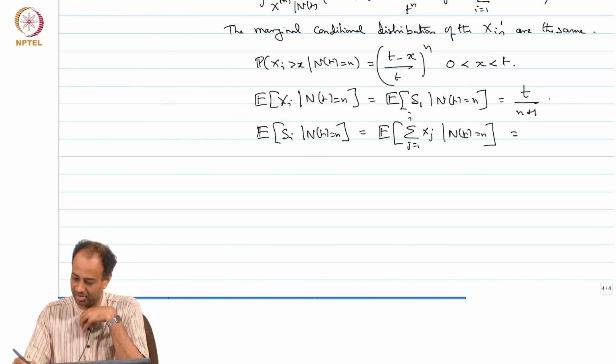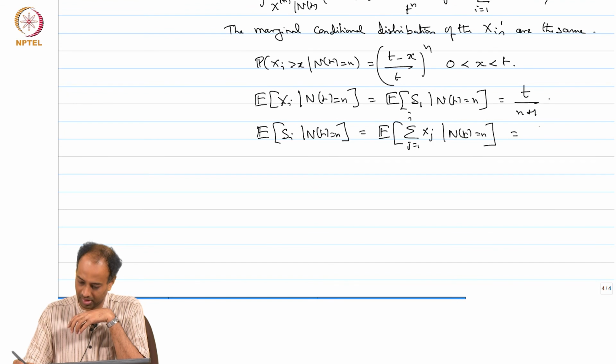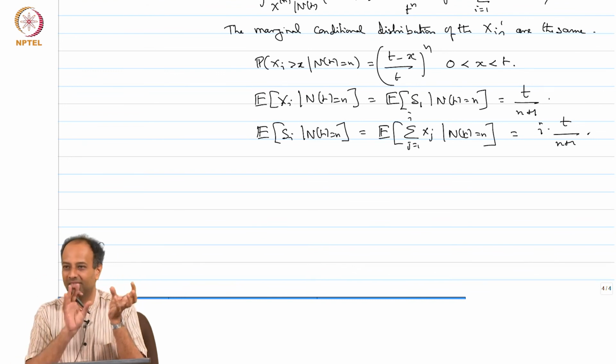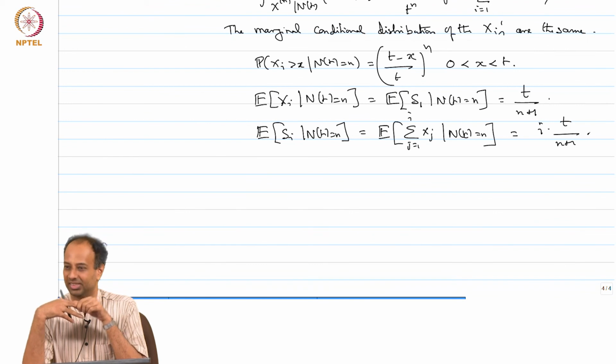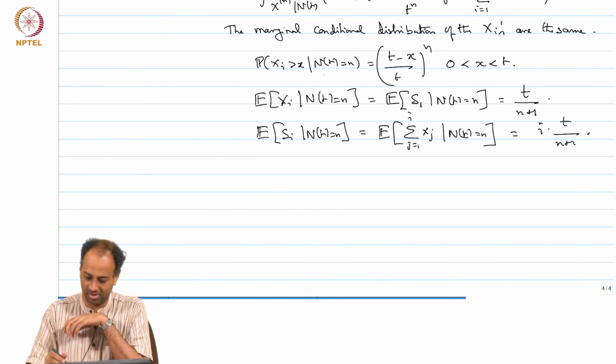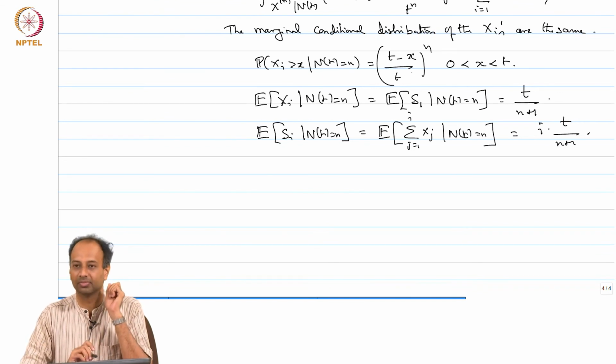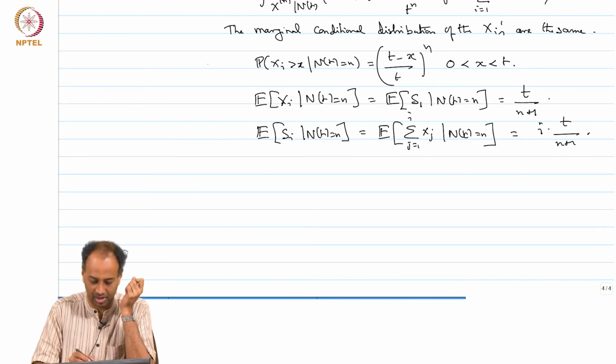So, this should be i times t over n plus 1, right, correct. So, they are all equal in expectation and distributed like so. Each of these xi's, the conditional interarrival times, is distributed like what is given in this equation. Okay.